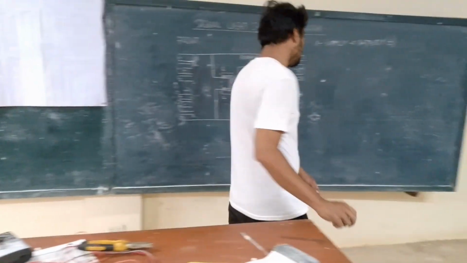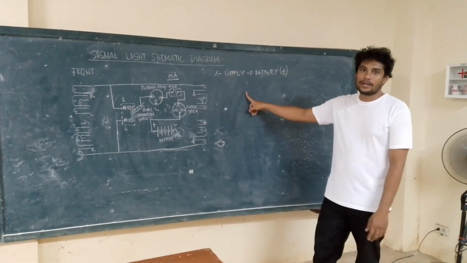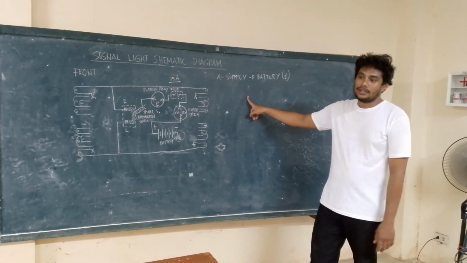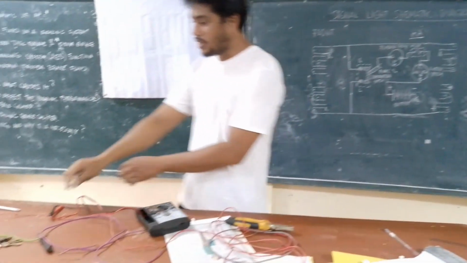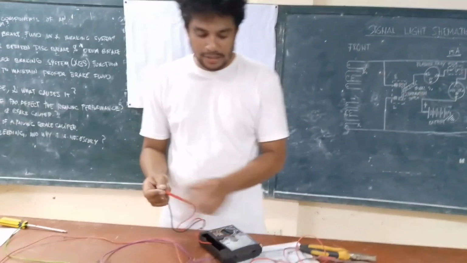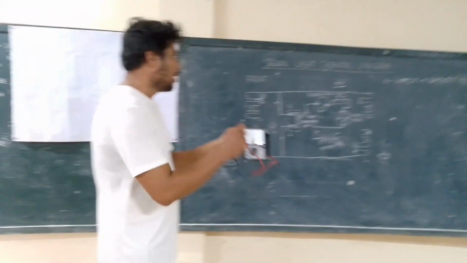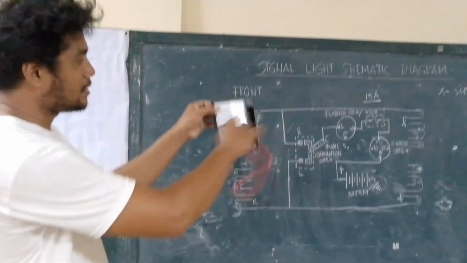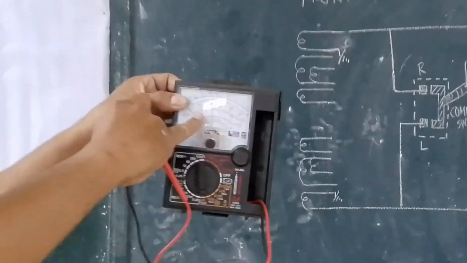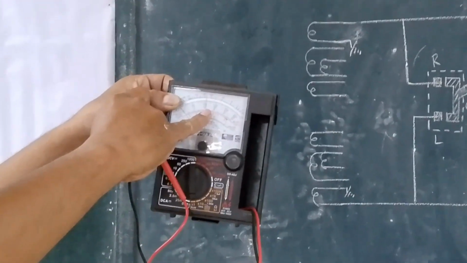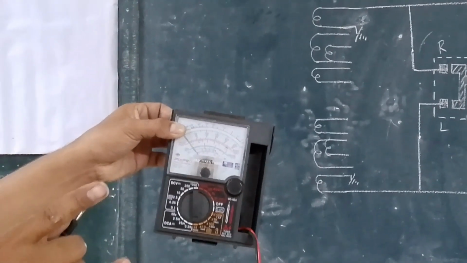Continuity is the continuation of the connection in our wiring. Continuity refers to the deflection, the movement of the needle of our tester. If there is continuity, it will deflect. If there is no continuity, there is no connection.